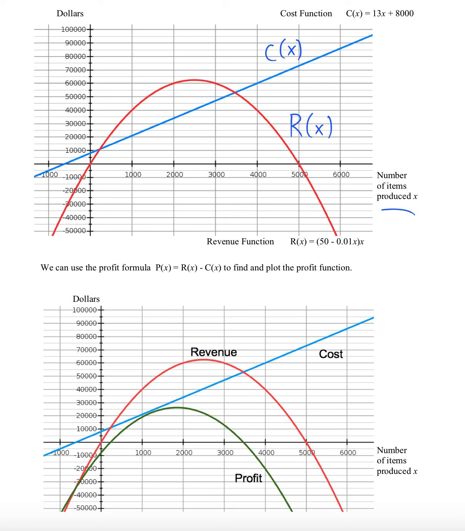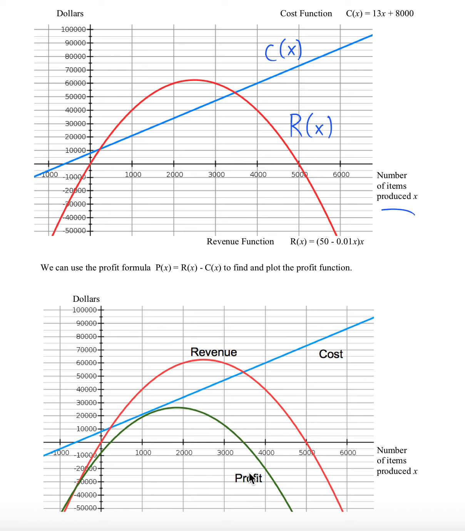So they're having to pay more and more to make the items. But when it comes to the revenue that they make, it looks like if they make too many items, the revenue will actually go down. They won't be able to sell that many items. And so there's an ideal number of items to make in order to maximize their profit.